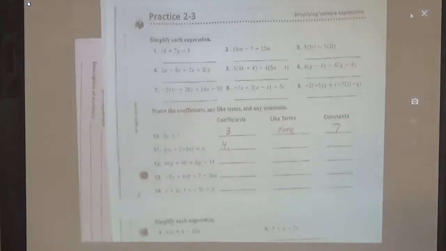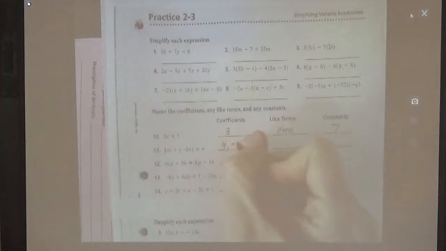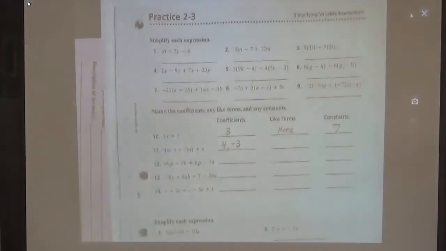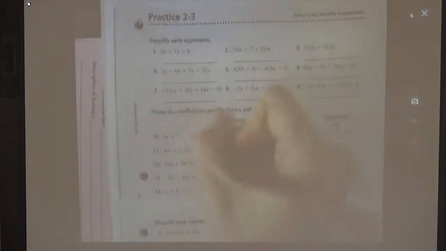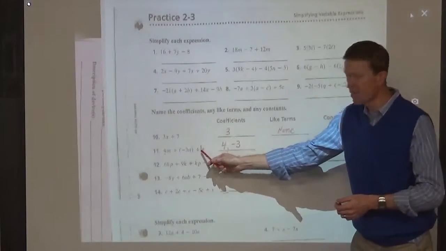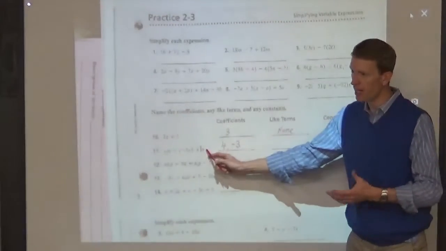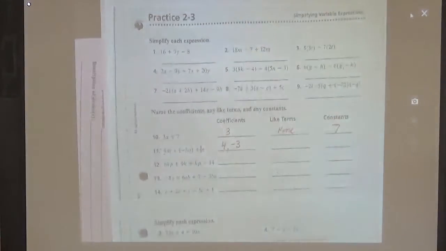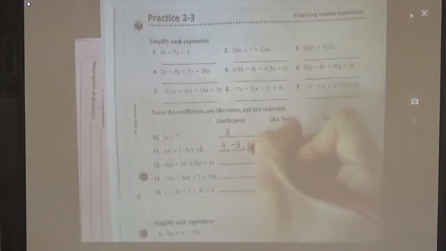Negative 3, because it says negative 3 n's. There's one more. Joe? I think it'd be 1. Because there's 1 n. And so automatically, if it doesn't have a number, then it means 1. So 1 is a coefficient in this expression.